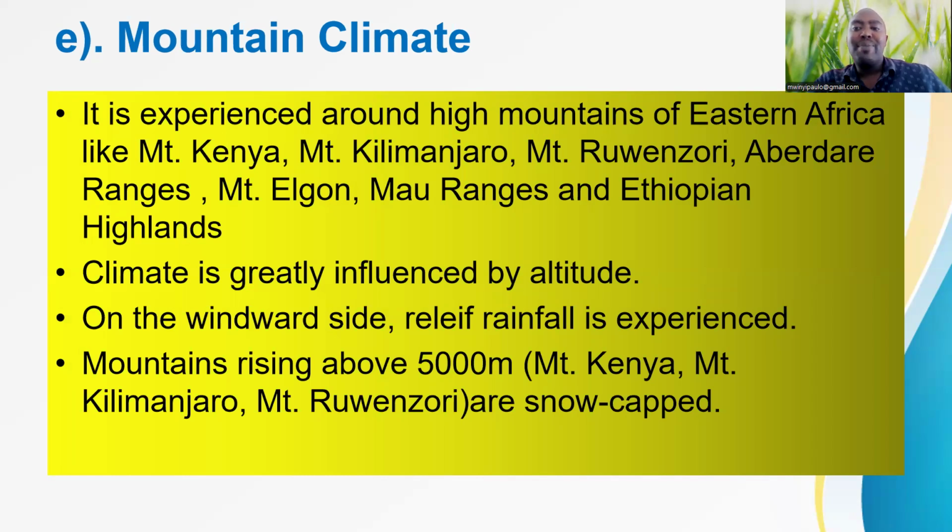The high mountains of Eastern Africa include Mount Kenya, Mount Kilimanjaro, Mount Rwenzori, Aberdare Ranges, Mount Elgon, Mau Ranges, and the Ethiopian highlands. So these are the regions where the mountain climatic region is experienced in Eastern Africa.